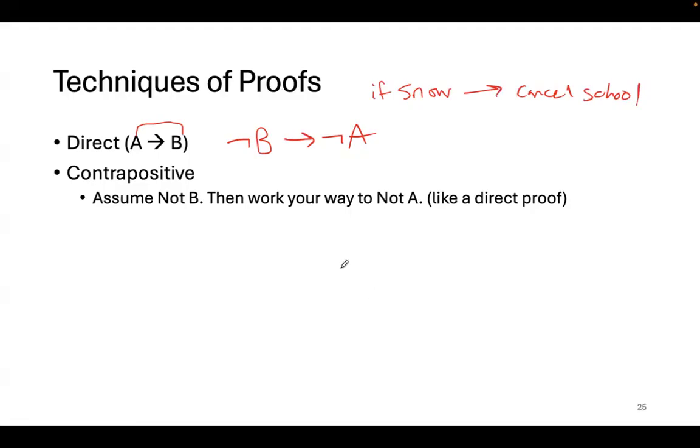With contrapositive, if they didn't cancel school, then it hasn't snowed, right? That's an example of a contrapositive statement. And so the idea is we start with not B, and then we work our way to not A, but the style is like a direct proof.